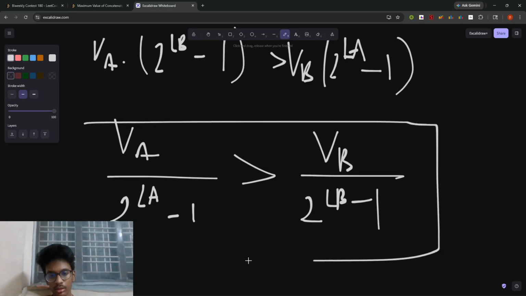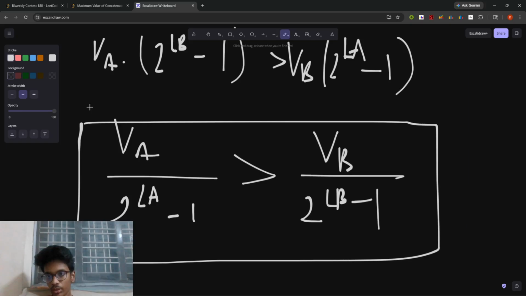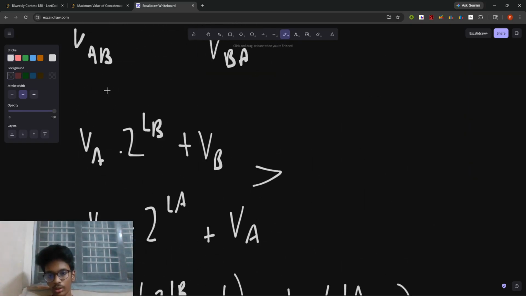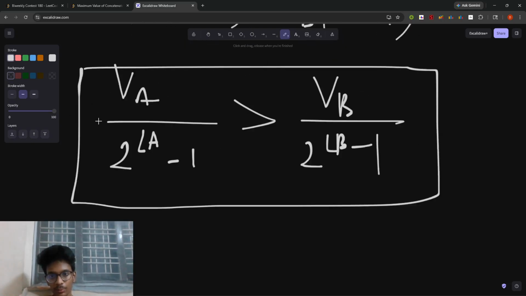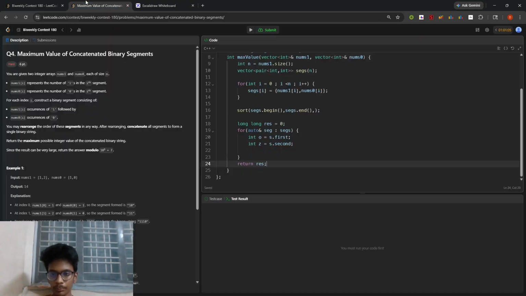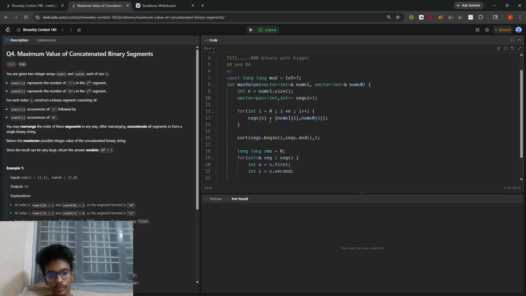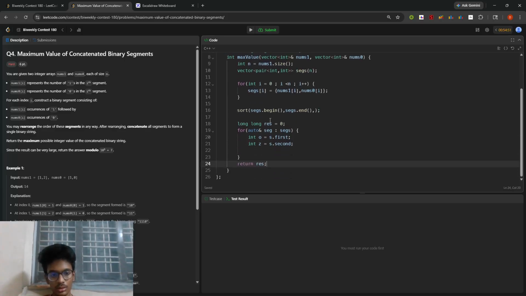This is what I get after lots of solving expressions, right? And we already have the formula for VA and VB. So if I write this expression in terms of the formula, what do I get?